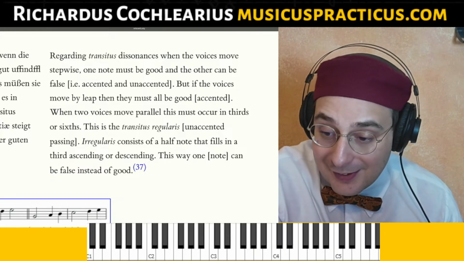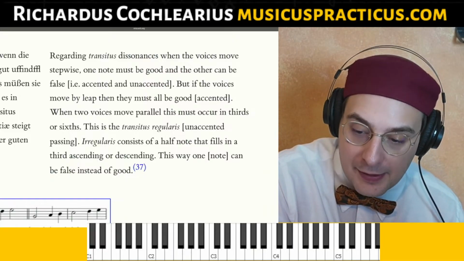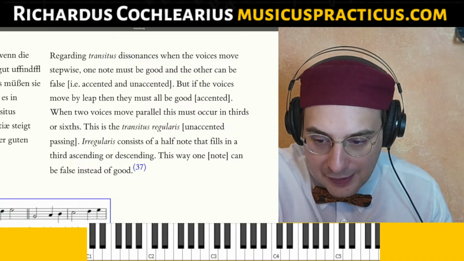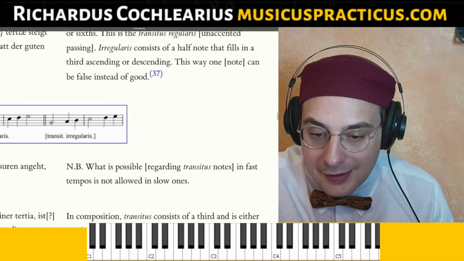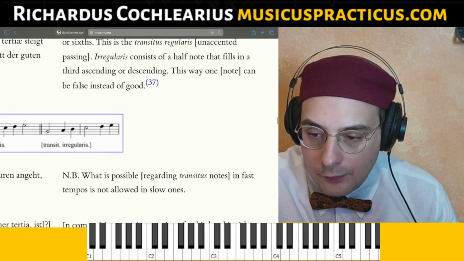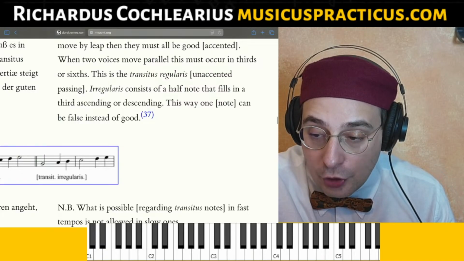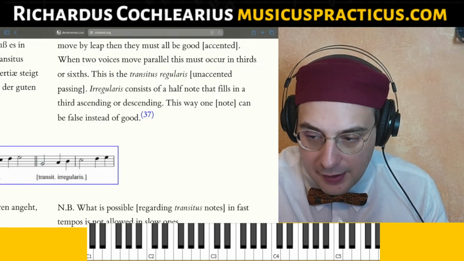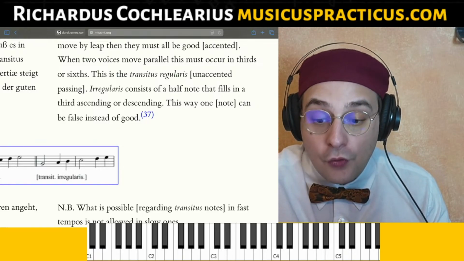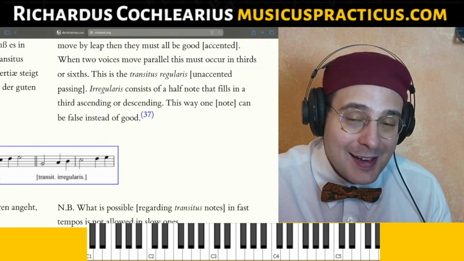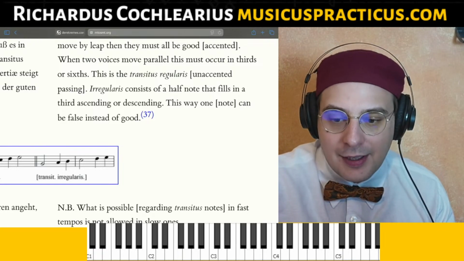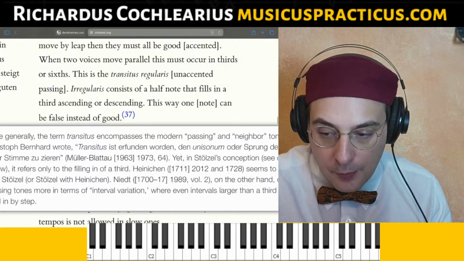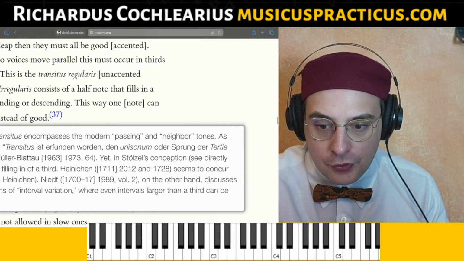This is the transitus regularis, an accented passing. Irregularis consists of a half note that fills in a third ascending or descending. This way one can be false instead of good, so more than accented or unaccented, it means consonant, dissonant. More generally, the term transitus encompasses the modern passing and neighbor tones.